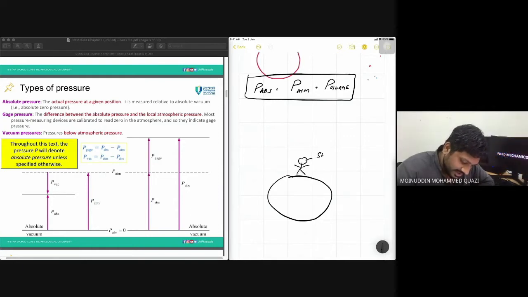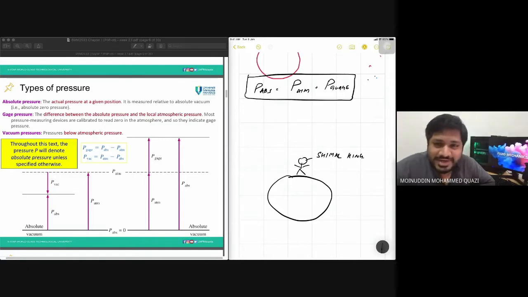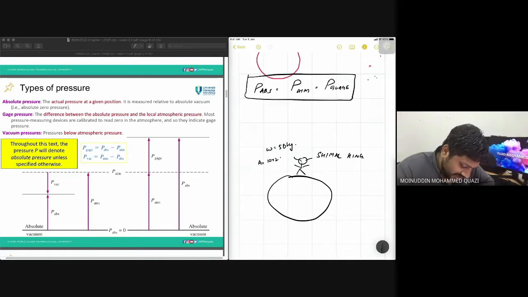Mr. Shimal King has, let's say, 50 kg of weight, and he is standing on Earth, and his shoe size area is, let's say, 10 by 2 centimeters. So he is exerting a gauge pressure on Earth because of his weight. How much pressure is he exerting?